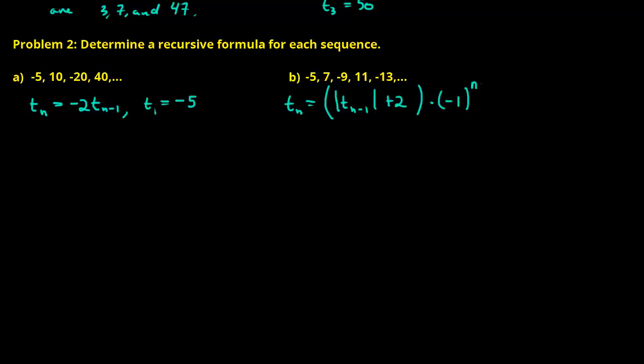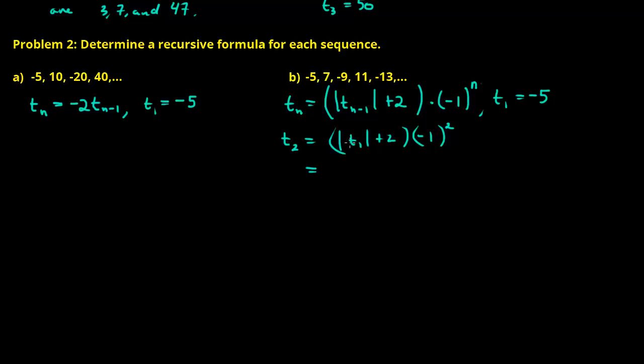So let's double check that this works. Here I've got to also write out what my first term is. So I've got that t sub 1 is equal to -5. So t sub 2 would be equal to the absolute value of t sub 1 plus 2 times -1 to the power of 2.